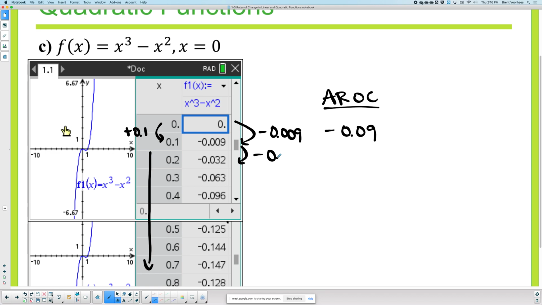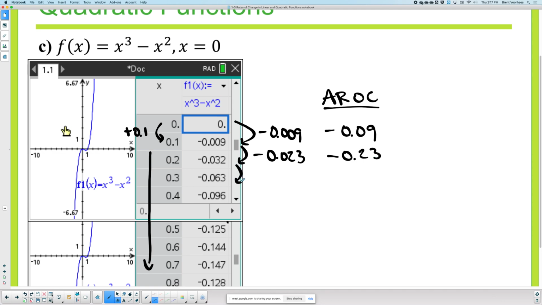So we get negative 0.023. And we divide that by 0.1, and we're going to get negative 0.23. So the decimal just moves 1 to the right each time. Okay, we do this again.